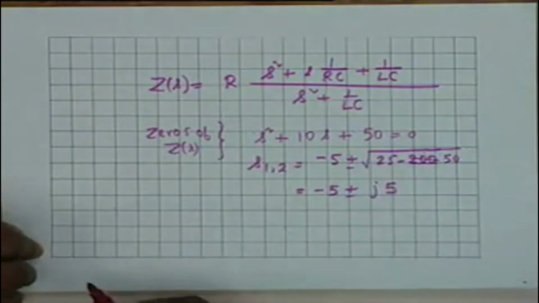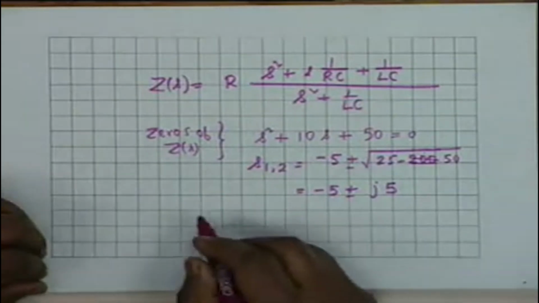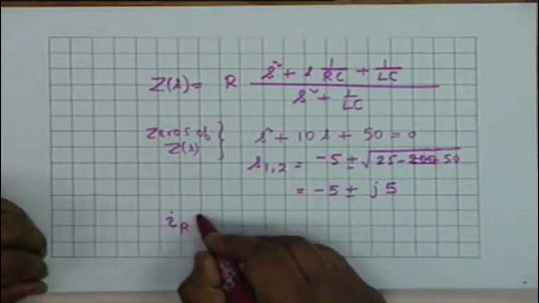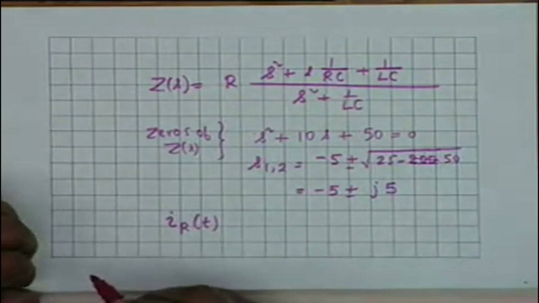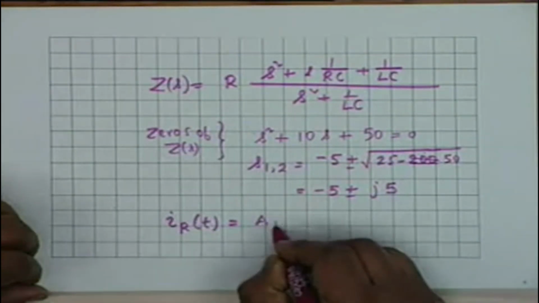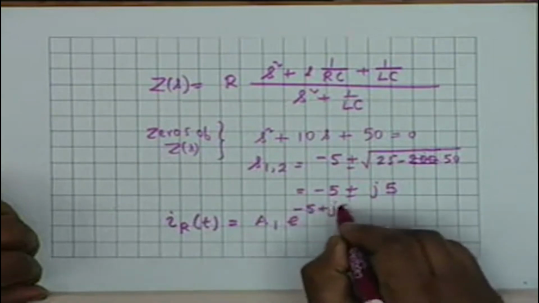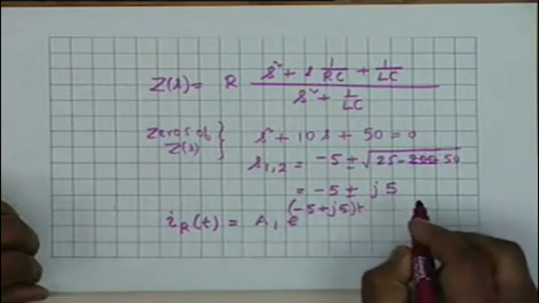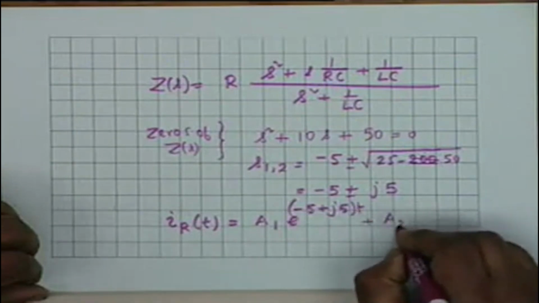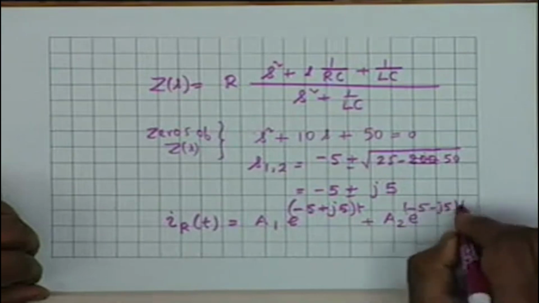Therefore the current in the resistance, the natural current response, will be obtained as some constant A1 e to the power (minus 5 plus j5) t plus another constant A2 e to the power (minus 5 minus j5) t.